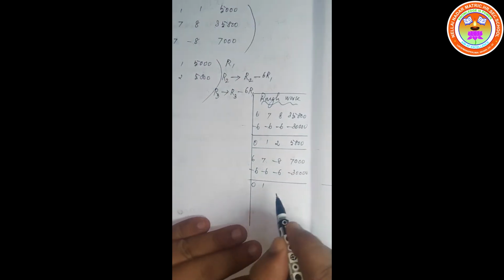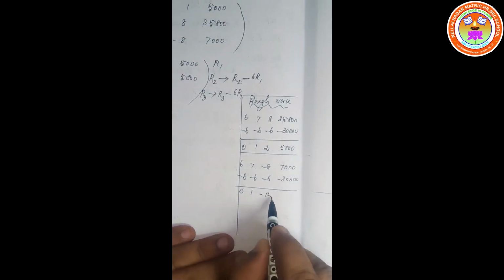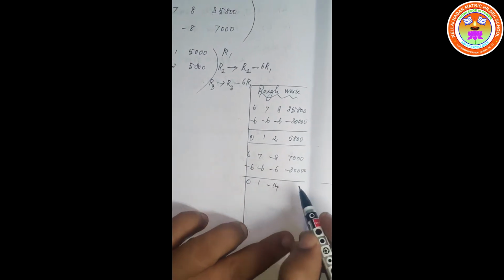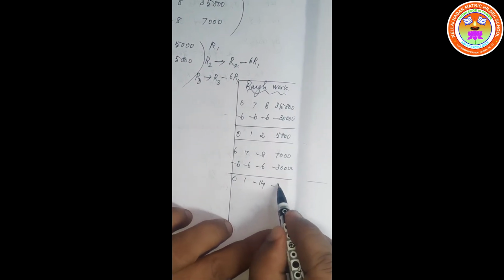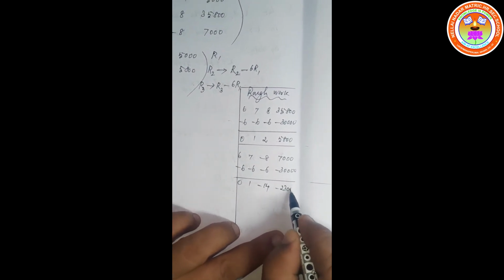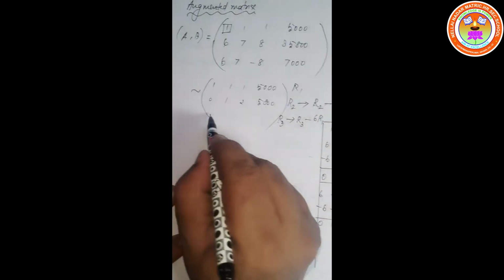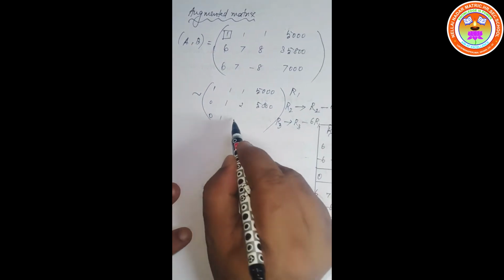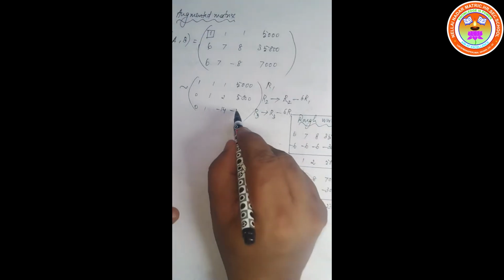Zero, 1, minus 14, 7,000 minus 30,000, that is equal to minus 23,000. Right over here: 0, 1, minus 14, minus 23,000.